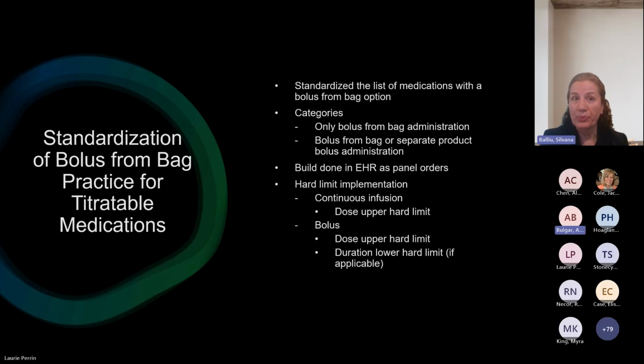I say inappropriate because this eliminates the risk of titrating the continuous infusion dose to administer the bolus, and any incorrect programming of the bolus dose, considering that the bolus doses in general are pretty high. I mean, they are higher compared to the continuous infusion.